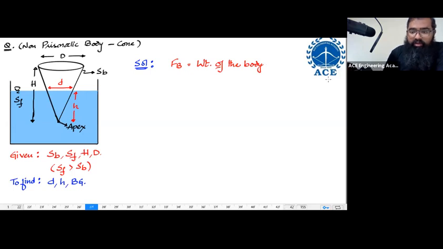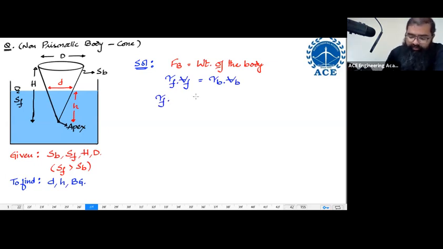Why weight of the body? Because it is an unsupported floating body. Achha. FB is equal to how much over here? FB is equal to gamma of fluid into volume of fluid displaced is equal to gamma of body into volume of body. So this is gamma of fluid into. Now you should be knowing the volume of a cone.